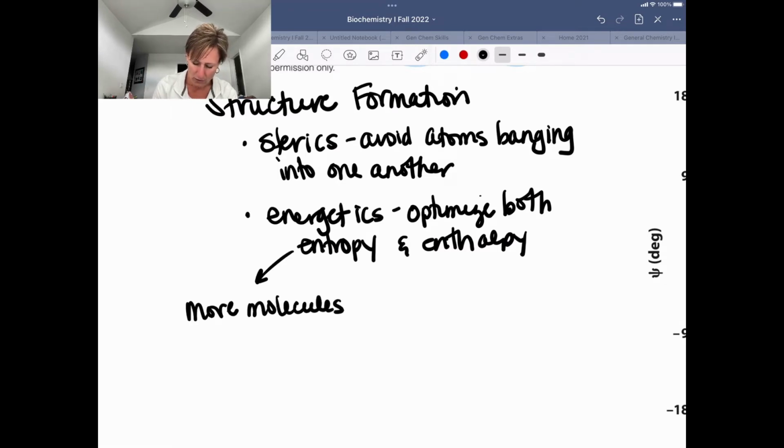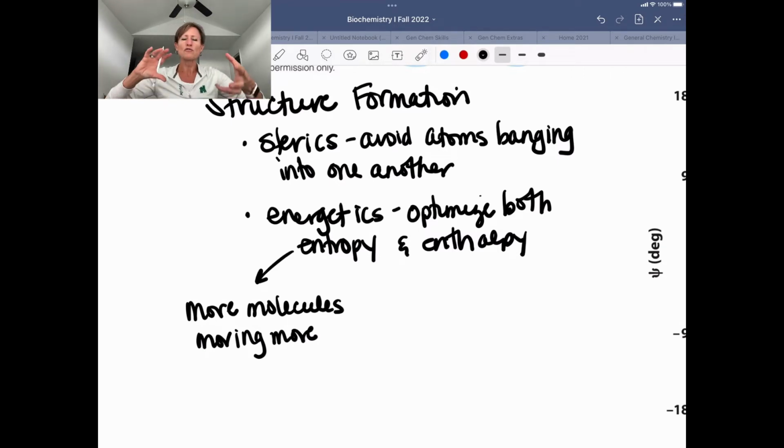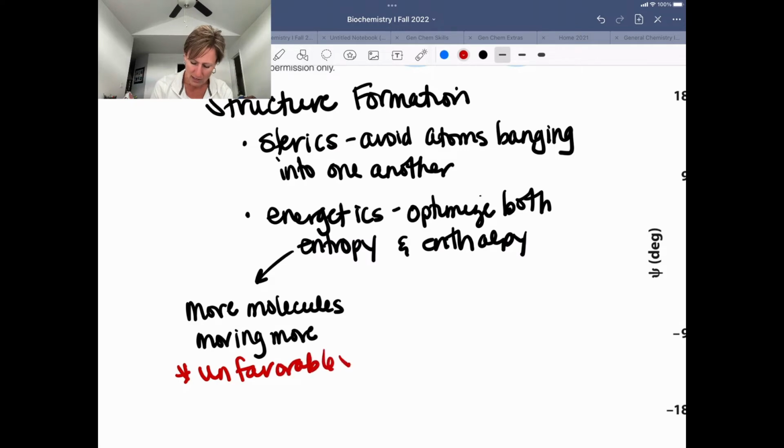So when we form structure, we actually have molecules moving less because we're freezing out molecular motion to have a specific structure. So entropy, when we form structures, is actually very unfavorable. So entropy is unfavorable with structure formation.